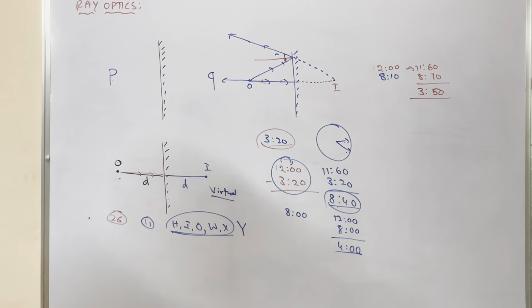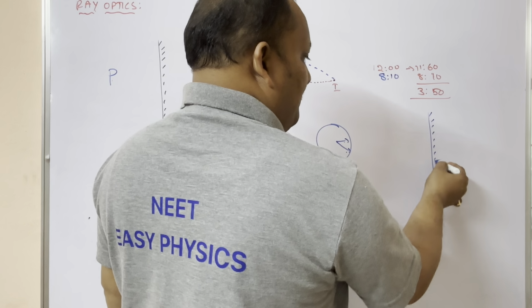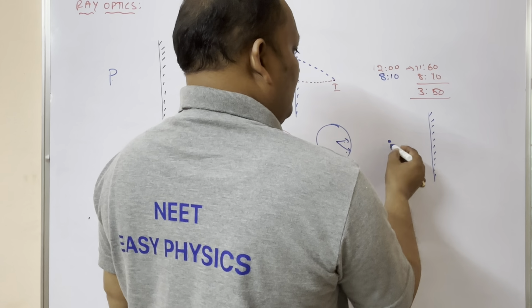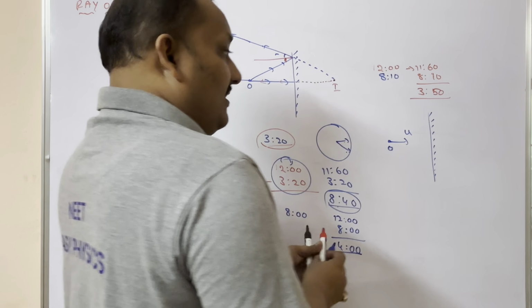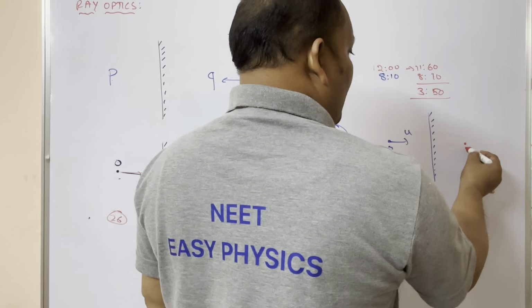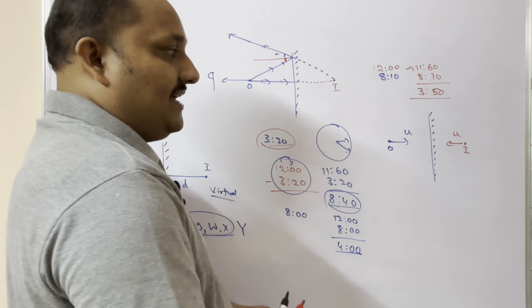So this is about how time is going to be visible for us. Next, if object is moving with velocity u, so you can stand in front of the big mirror. If you are moving with velocity u, your image is also moving with the same velocity but in opposite direction.